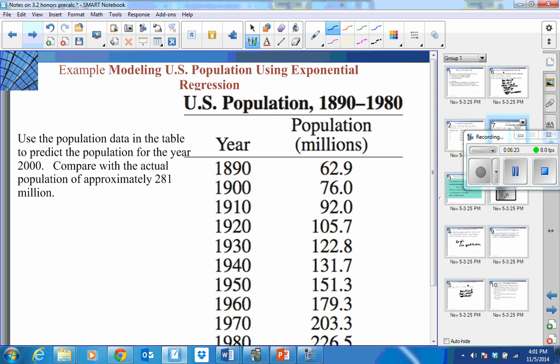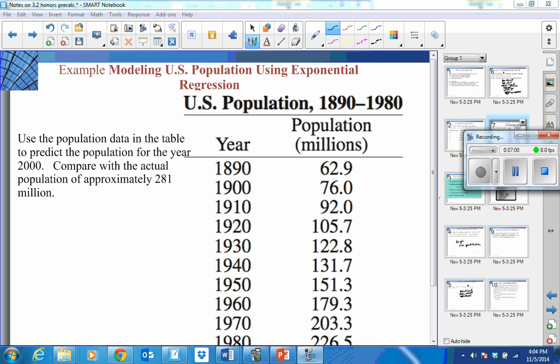Okay, use the population data in the table to predict the population for the year 2000. Compare with the actual population of approximately 281 million. So at this point, if you're watching the video on a computer screen, you can pull up the notes on your iPad so that you can see the list that I'm about to put in the calculator, because we're going to use this data and put it in our calculator and actually do an exponential regression so that it will produce the equation for us.